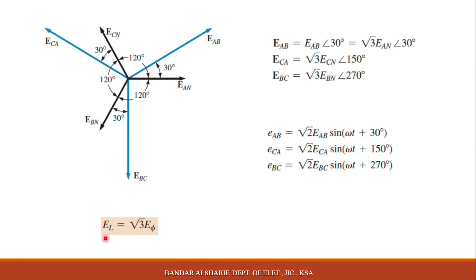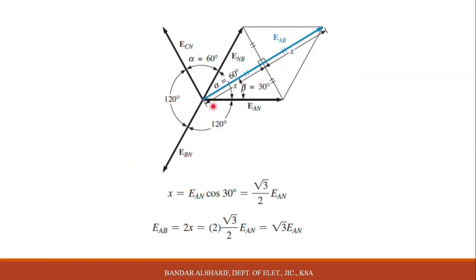Some students will ask how we got the relation between the phase value and line value. We will see it from the vector connection in the next slide. See here, it is the same as before, but without all the line values.